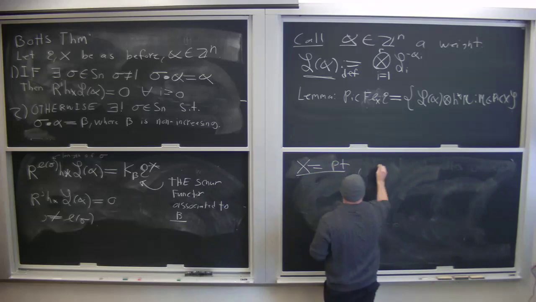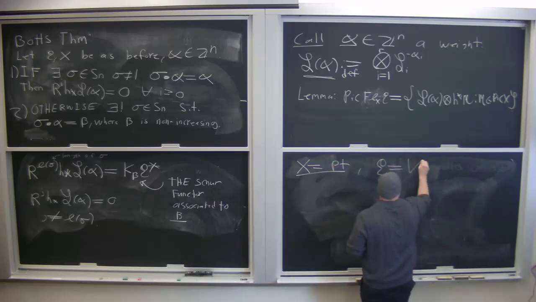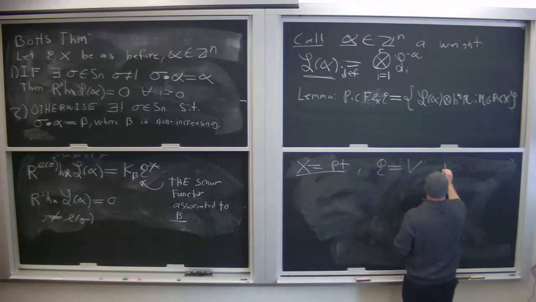X is a point, epsilon is a vector space of dimension n.